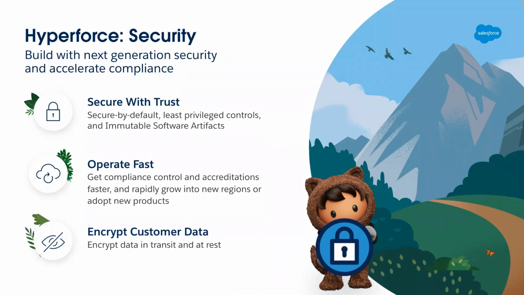Hyperforce re-architecture ensures that the software and infrastructure are immutable. All infrastructure is described as code, which means that changes are made by updating and redeploying a unit of code. Changes can't be made in production, which reduces the risk of untested modification. No one has access who doesn't need it, and access is only granted when needed.